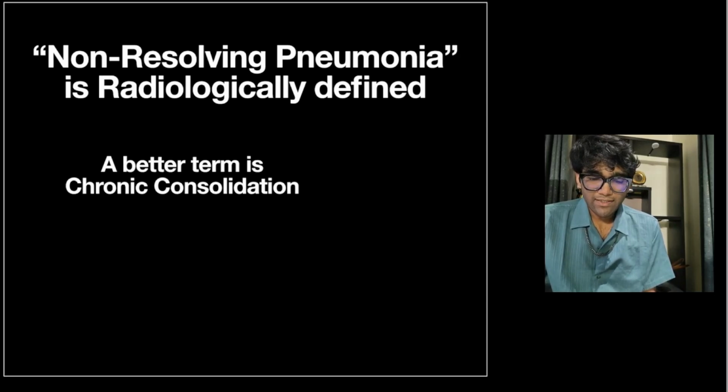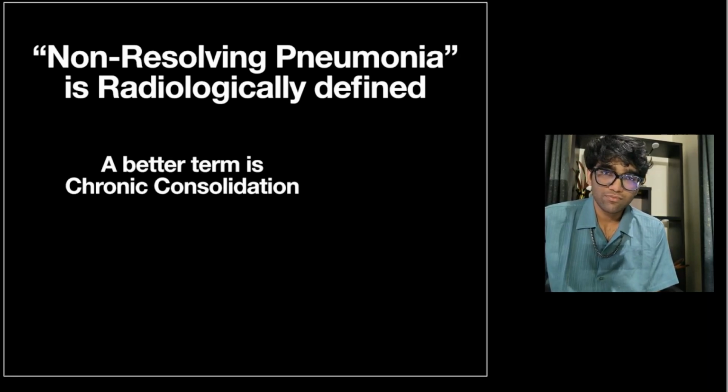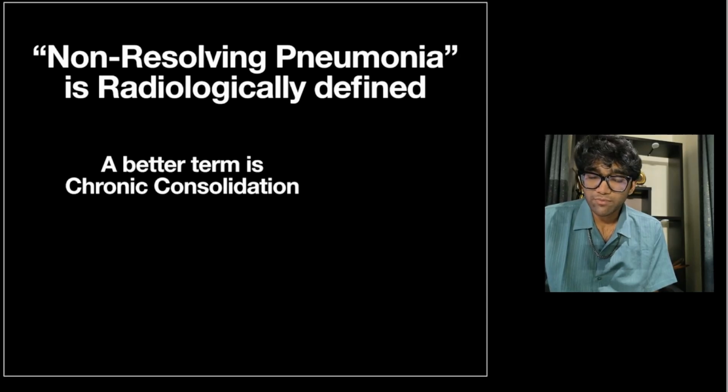Okay, and I prefer to use the term chronic consolidation. Okay, so the issue is that there are a lot of things in the baseline presentation of a pneumonia, of a consolidation, that can give you an idea regarding the likely underlying etiology. So not all pneumonia should be put into the bucket of community acquired pneumonia and not thought about again.